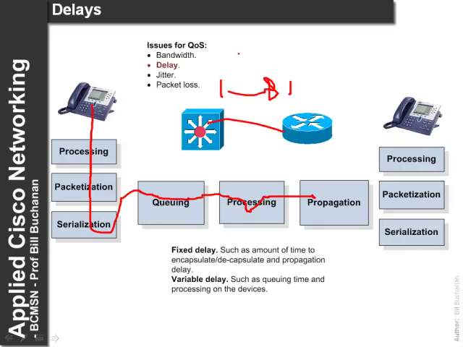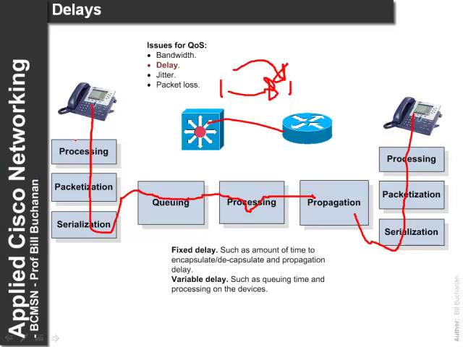Even though data travels at near the speed of light, it can still take a considerable amount of time in the transmission of the data. Then at the other end, it is deserialized, depacketized, and then deprocessed to give us our finished voice.